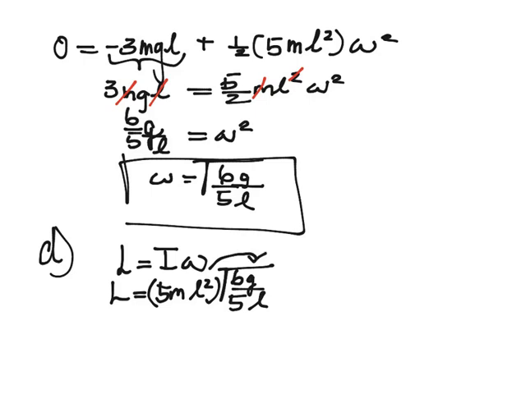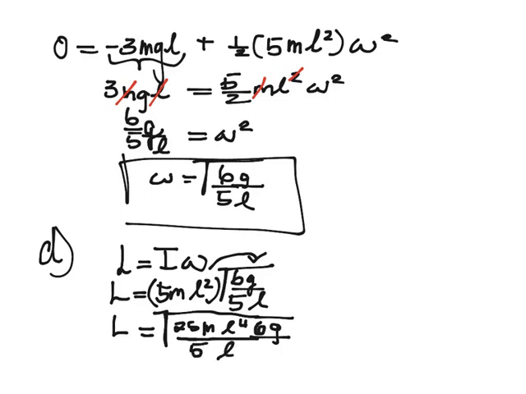So I have L is equal to the square root of 25, because I'm squaring the 5 to bring it inside the square root, mL to the 4th, and I still have 6g on top, divided by 5L.